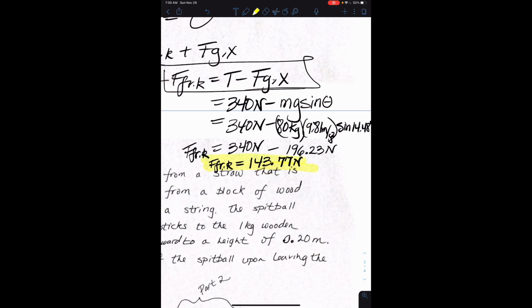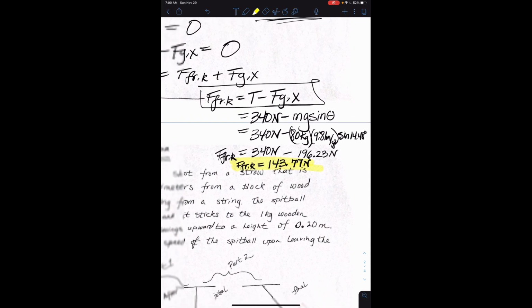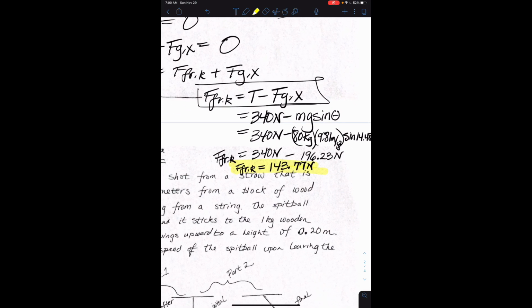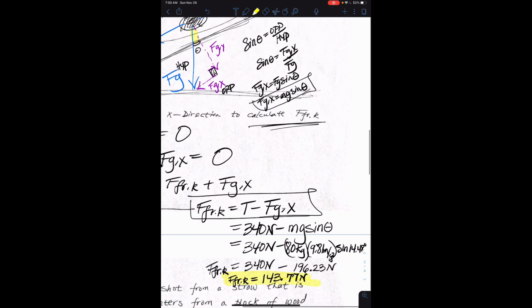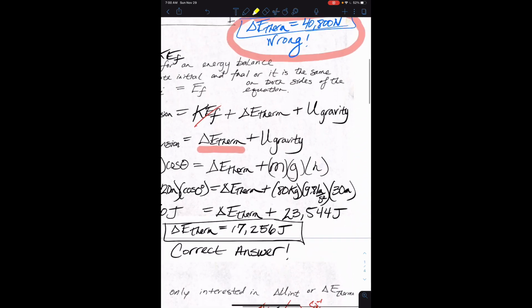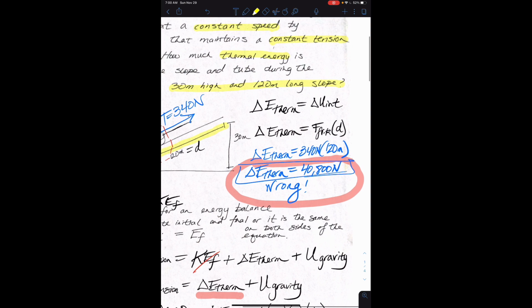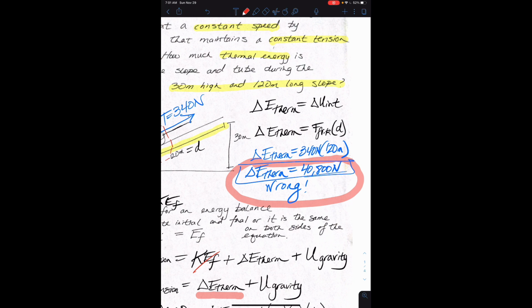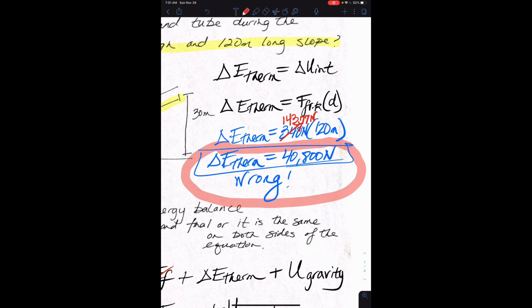All right. Okay, so this then is the number we should have plugged in originally. So if we go back now to our mistake we originally made, where was it? Right here. Okay, if we go back and do the right thing, so we make this 143.77 newtons. It's kind of hard to read. What is 120 times 143.77?